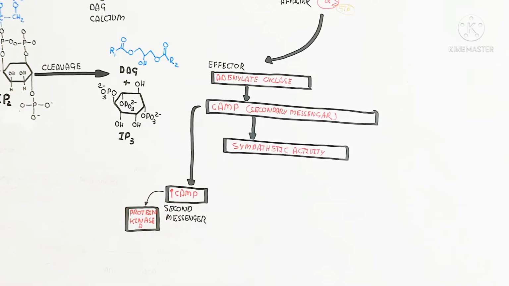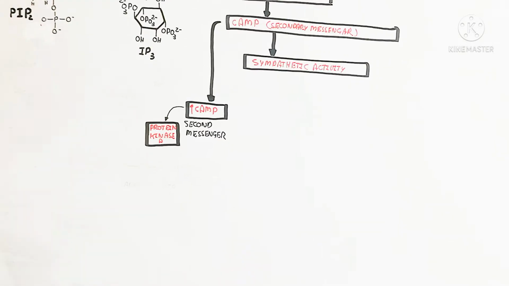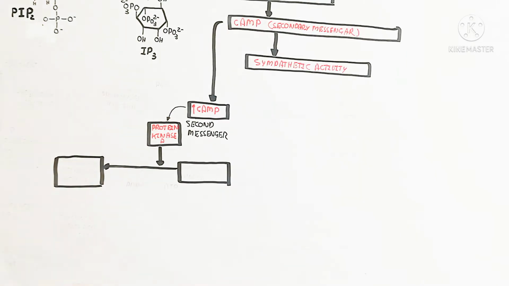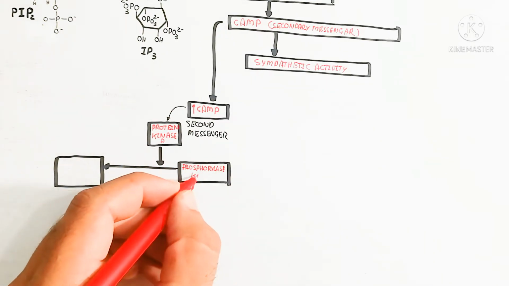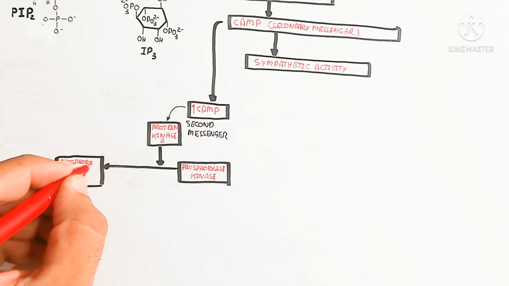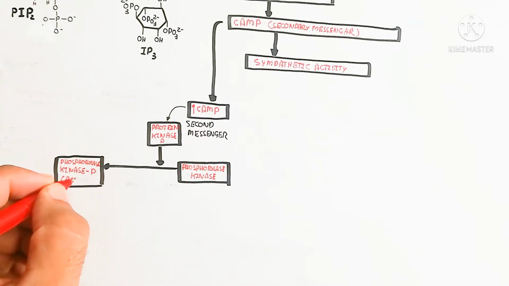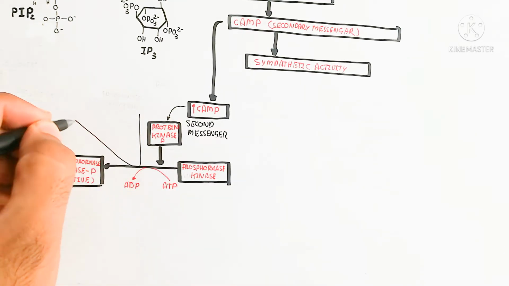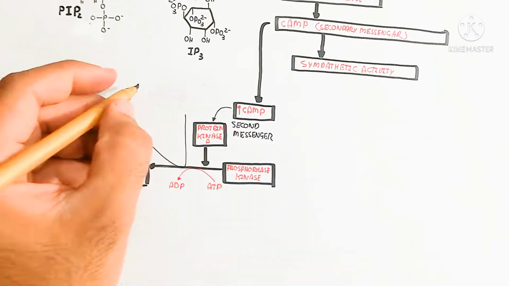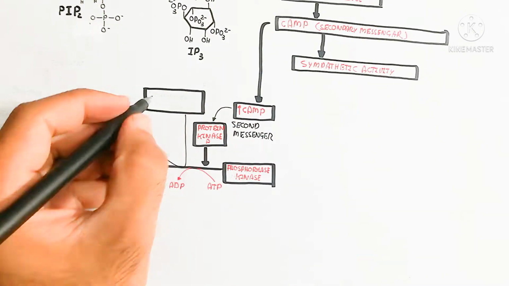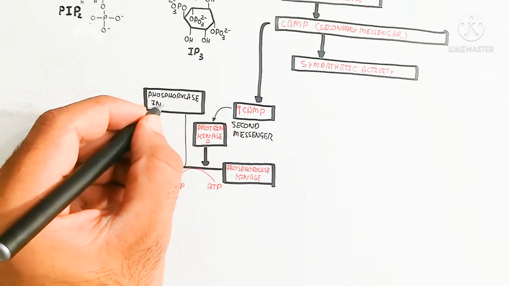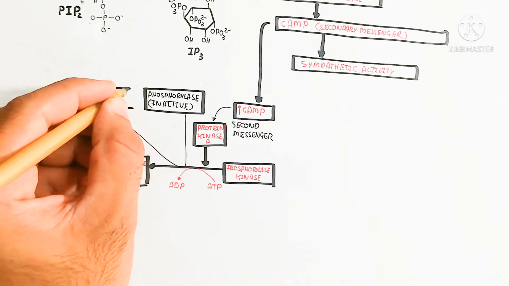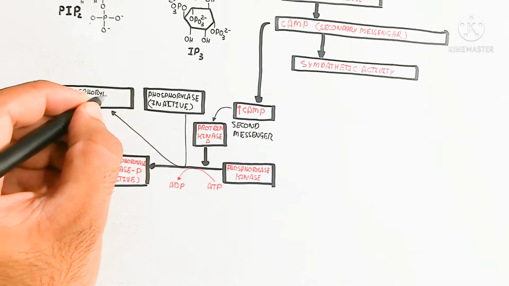Phosphorylase kinase is activated, and due to this the inactive phosphorylase becomes active phosphorylase. This activation is for glycogenolysis, where inactive phosphorylase becomes active phosphorylase A, and the glycogen will be broken down into simple sugar using the active phosphorylase.